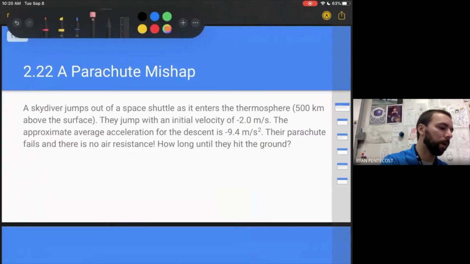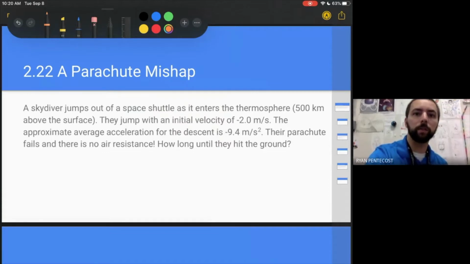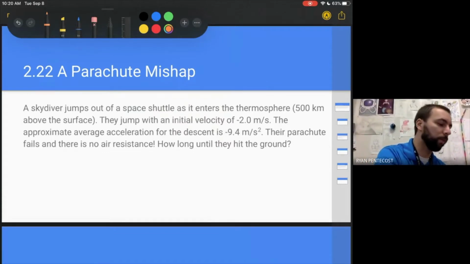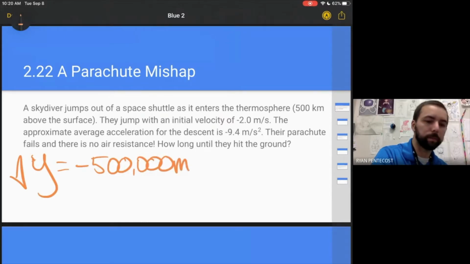So let's write down our givens first. Givens, we have a change in position. So we'll use change in y because this is a free fall, right? Change in y of -500,000 meters, right?